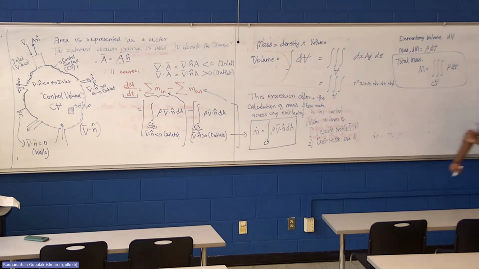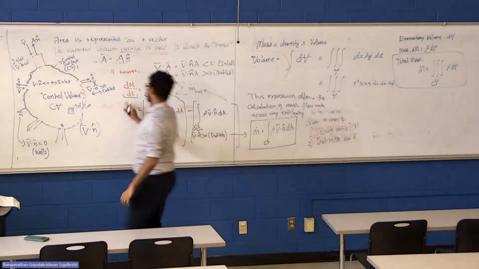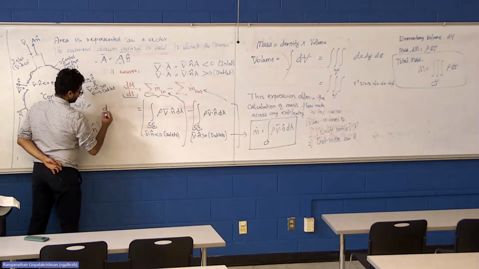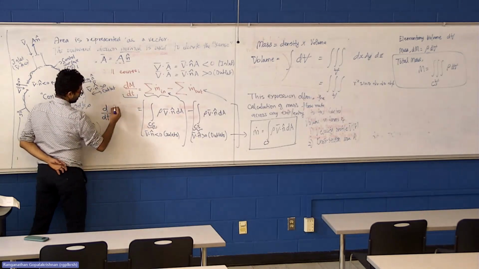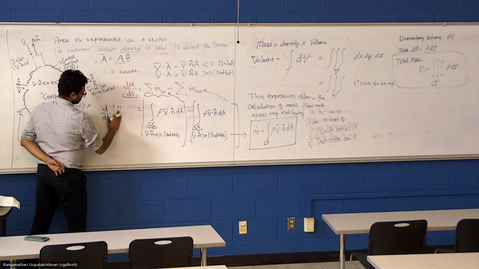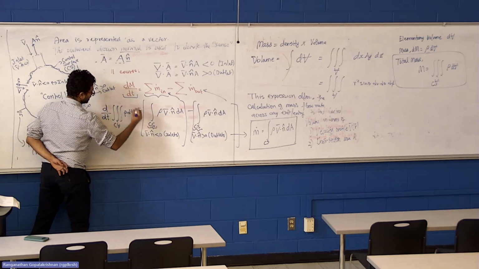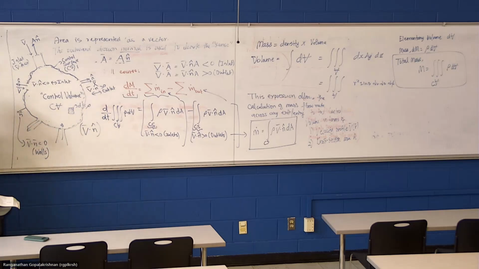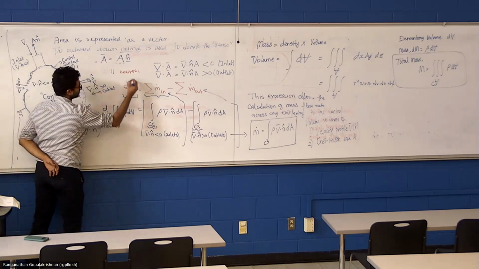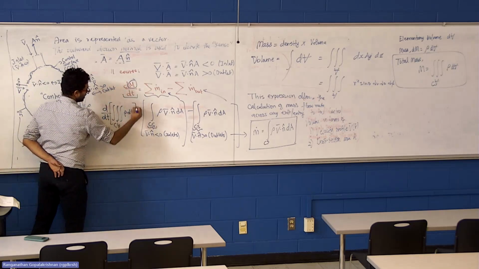So can I take this expression and write the rate of change of mass as d over dt of integral rho dV? Can I write this? Instead of mass, I'm representing it as an integral.